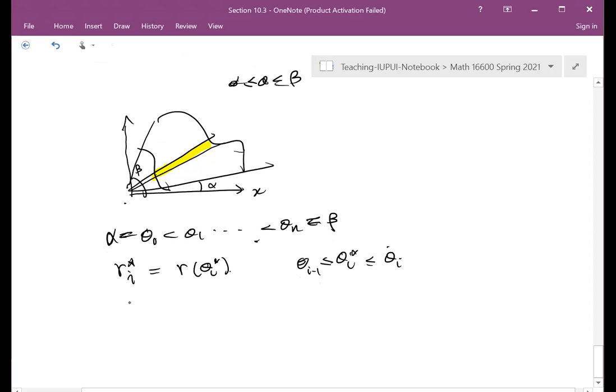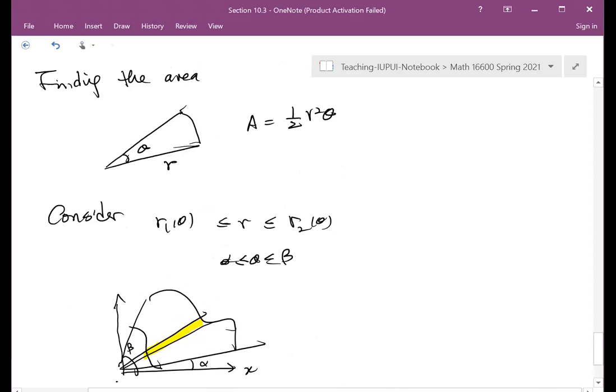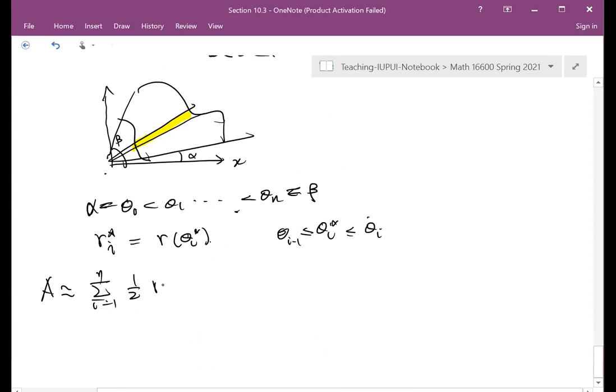So the area of that section is approximated by half of r squared times delta theta_i. That is the area of that small section.